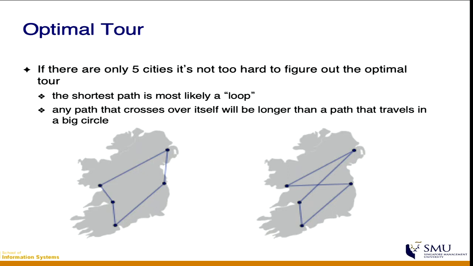This is one example. Generally speaking, if it looks like this, you tend to minimize the distance because there isn't a lot of crossing. And the crossings generally represent wasted distance. This is part of what we call heuristic. Heuristic in the sense that sometimes there is a certain strategy that a human would use to solve a problem, and we are using that strategy to try to design an algorithm that would give us a good enough solution.